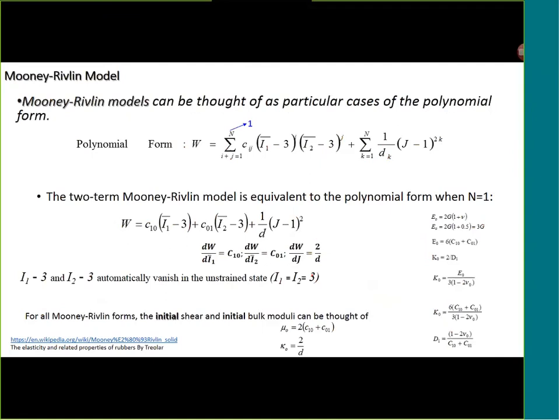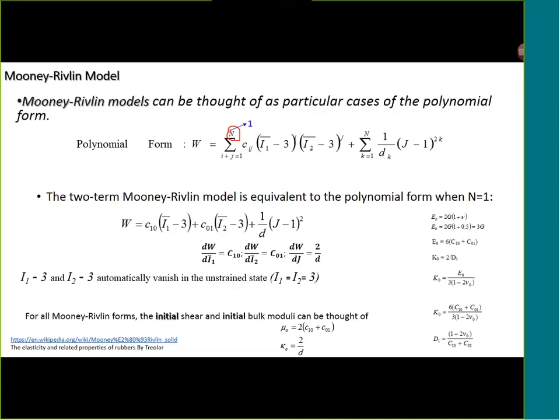Okay, now let's look at the Mooney-Rivlin material model. I will first explain the 2-parameter Mooney-Rivlin material model. In the previous slide, for the general form of the polynomial, this n can take any particular value.